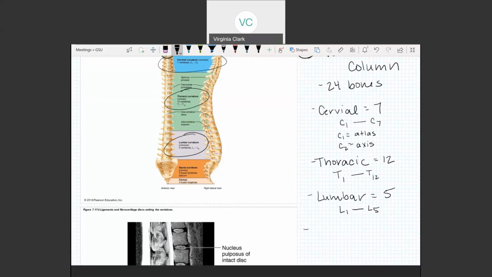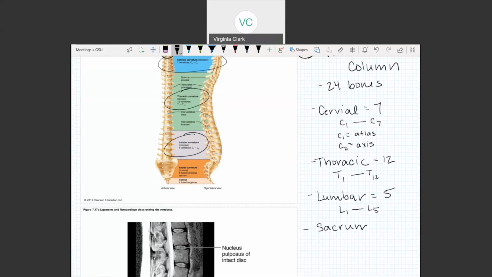And the next section is going to be your sacrum. Your sacrum is going to be 5 fused bones. So they are 5 and they are considered fused. And they are going to be named S1 to S5. And at the very, very bottom, you're going to have your coccyx.